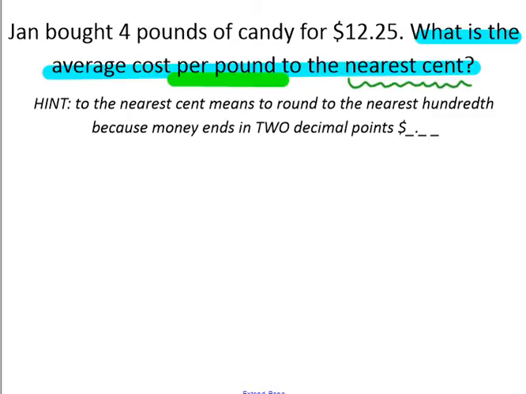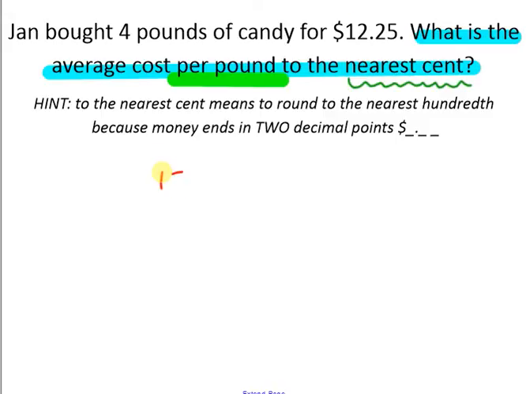But what am I dividing? So she bought 4 pounds of candy for $12.25, and I want to know the cost per pound. Am I dividing the candy up into money, or am I dividing the money up into pounds? I'm dividing the money up into pounds. So this $12.25, it's what is going to go first.